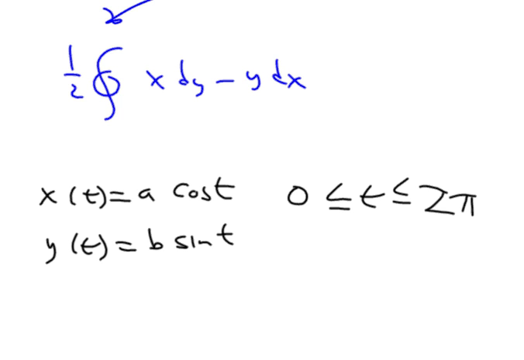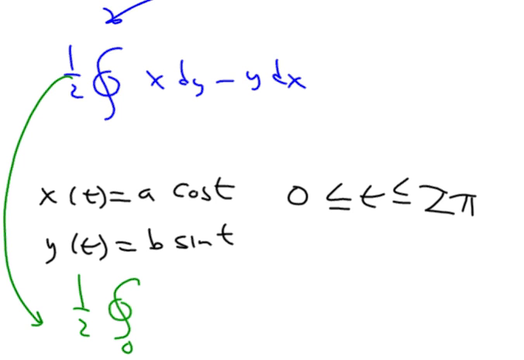All right, so if we substitute things in here, it turns out to be pretty nice. Watch what happens. We've got a half the line integral from 0 to 2 pi. And x is just a cosine t, times dy, well, the derivative of this would be b cosine t.